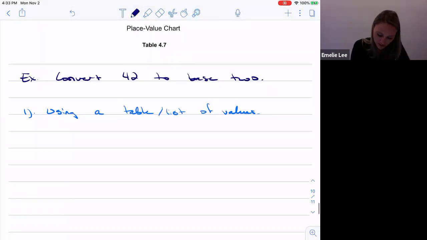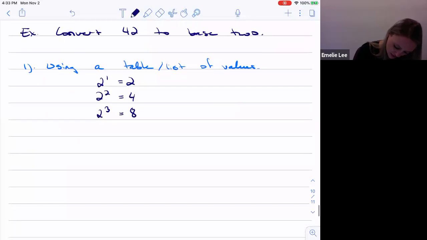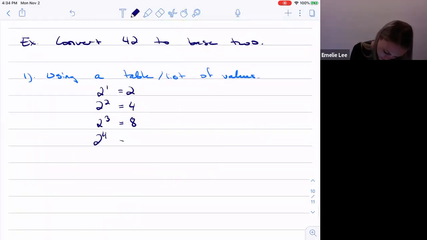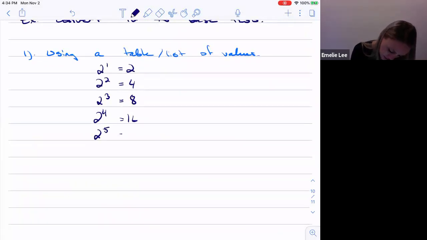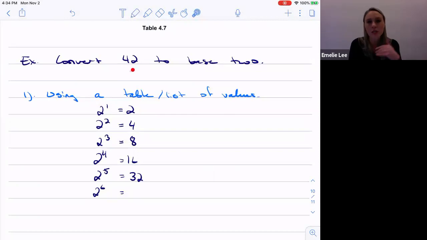So what I'm going to do is I'm going to have 2 to the 1 is 2, 2 to the 2 is 4, 2 to the 3 is 8, 2 to the 4 is 16, 2 to the 5 is 32, and then 2 to the 6, just for reference, because I'm going to go just past 42. 2 to the power of 6 is 64.